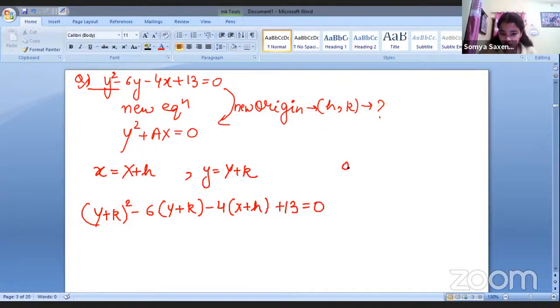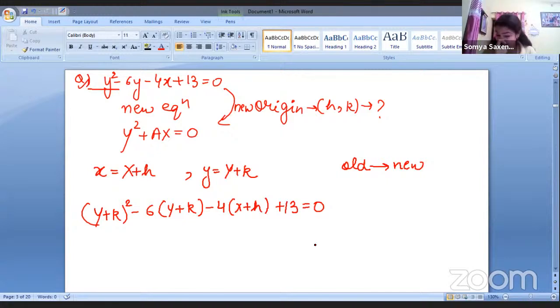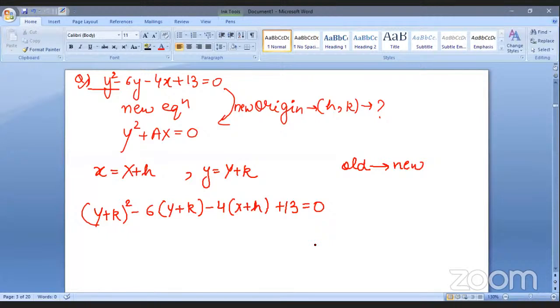We'll start from the old one and get to the new one. We have to change it in this form. We will not start from capital ones because it is new. We have to keep the values of the old one and come towards the new one. Is it clear till here to everybody? Yes, ma'am. Okay, all right.